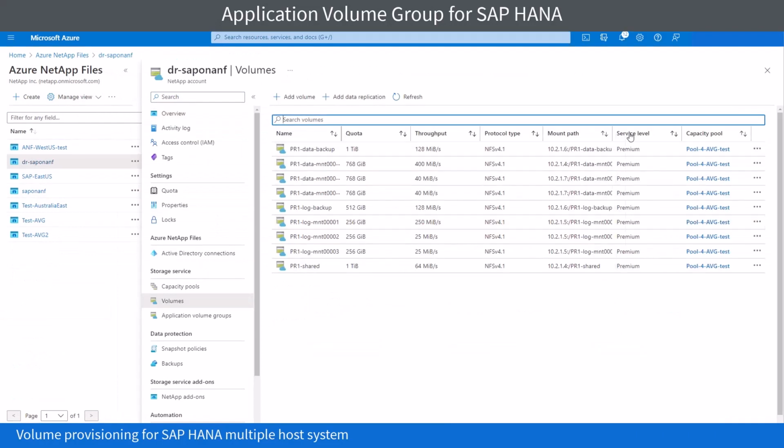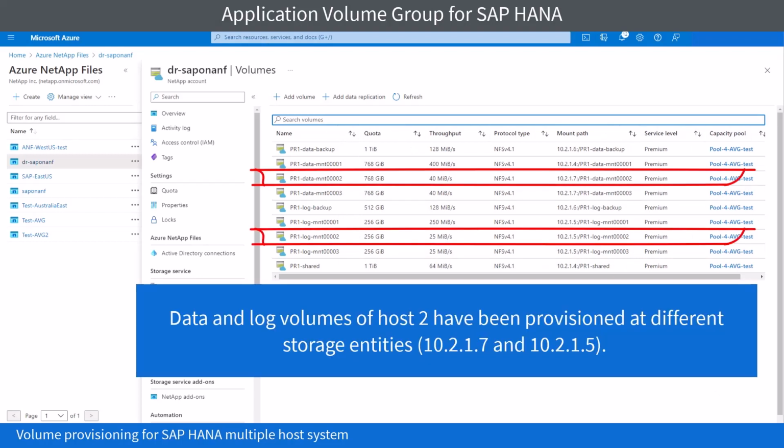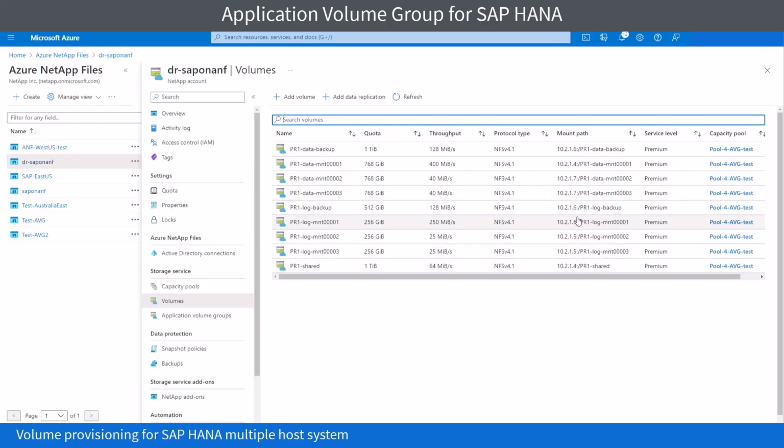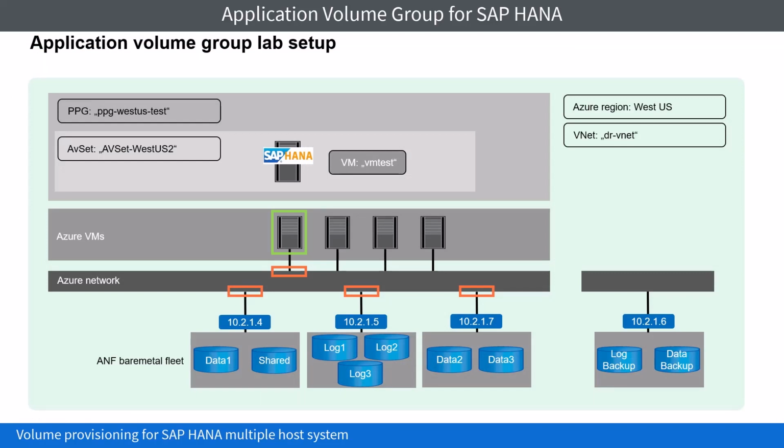The standard volume view shows that for each host the data and the log volume got provisioned on different storage endpoints with individual IP addresses. So the storage layout of our SAP HANA landscape now consists of 3 storage endpoints in close proximity to the HANA VM.